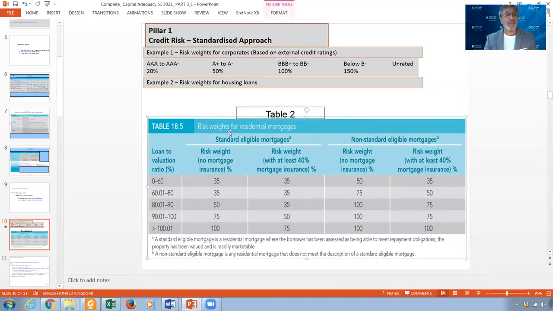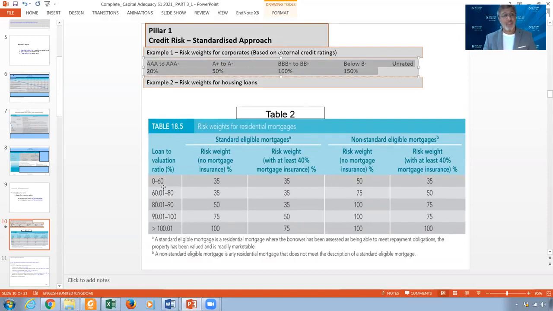Okay, so now, what are our assets? When we talk about the banking book, what we have is either housing loans or business loans. The housing loans are this one, and the business loans and all other businesses come under this. What if it is housing loans?